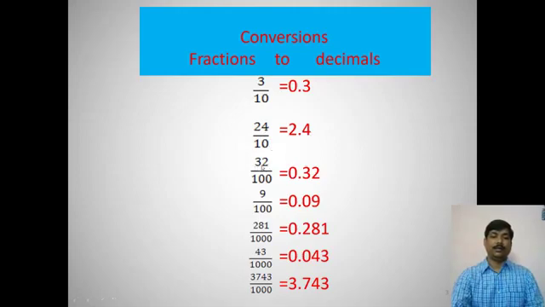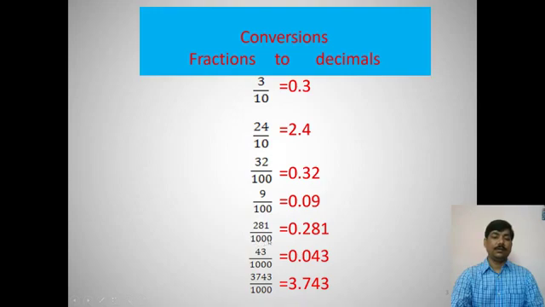When we divide 32/100, we write in decimal by putting the point after 2 places: 0.32. For 9/100, we put the point after 2 places. But here there is only 1 digit, so what do we have to do? We increase a digit by putting 0 in this way: 0.09.